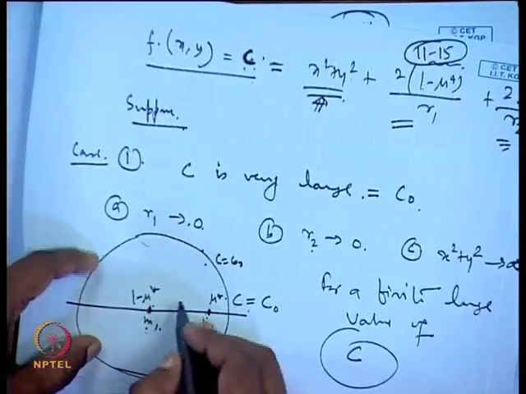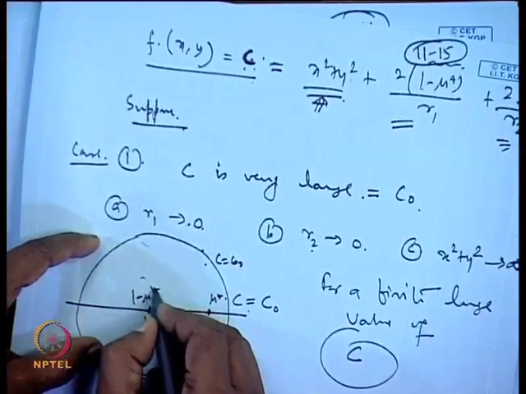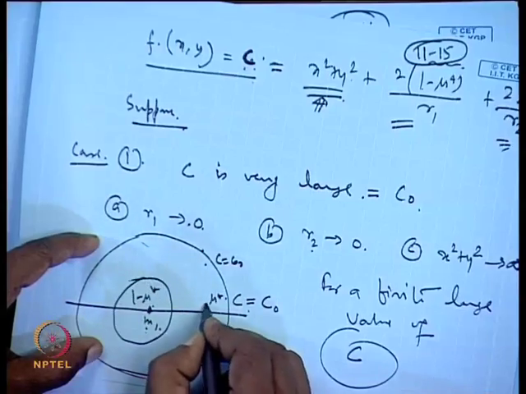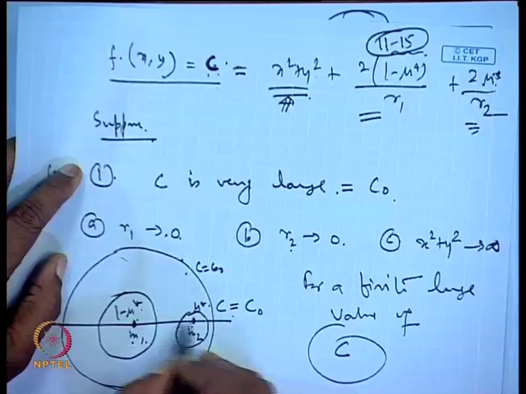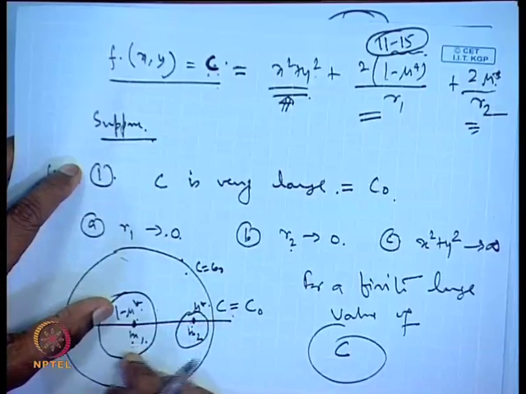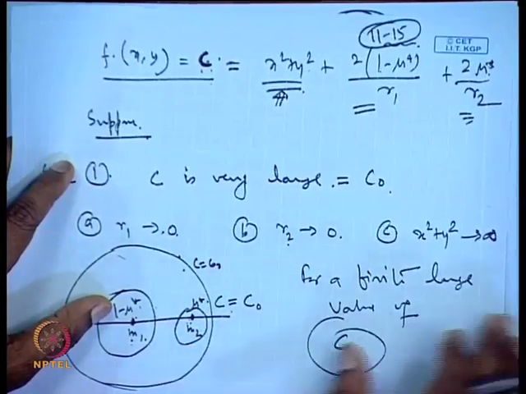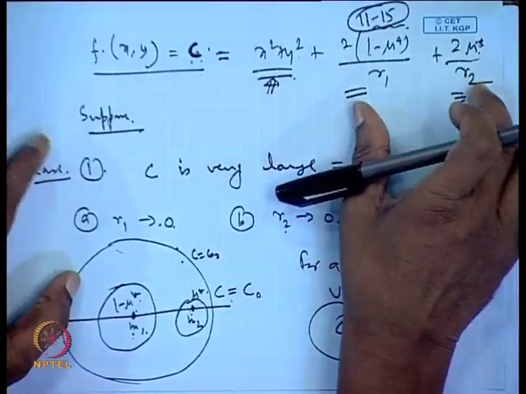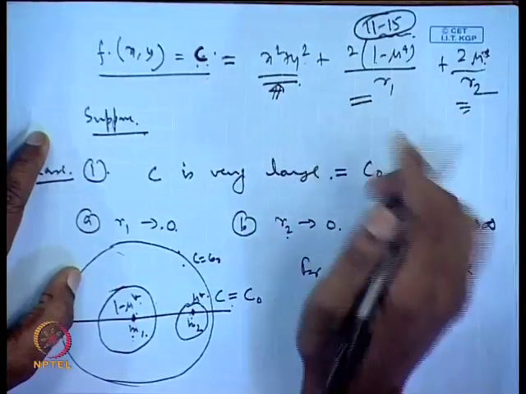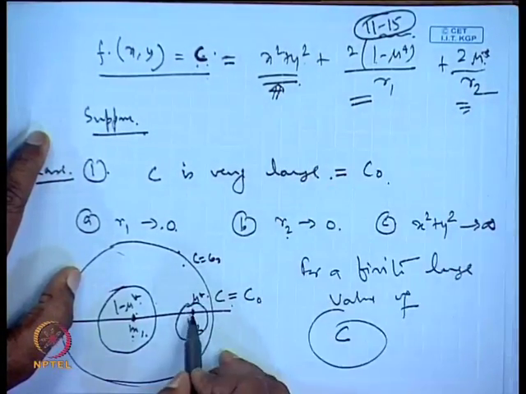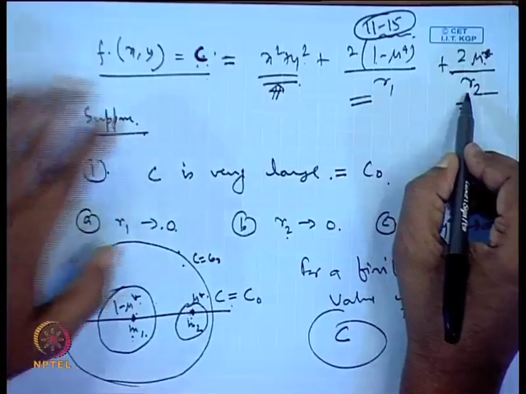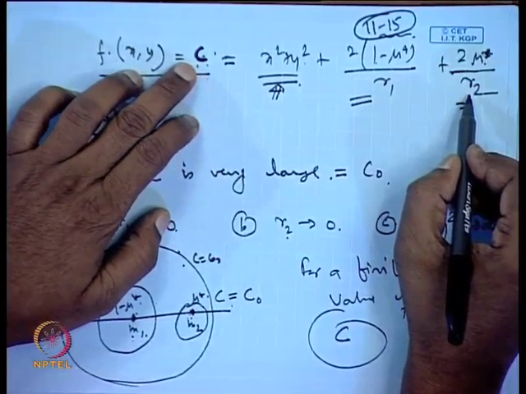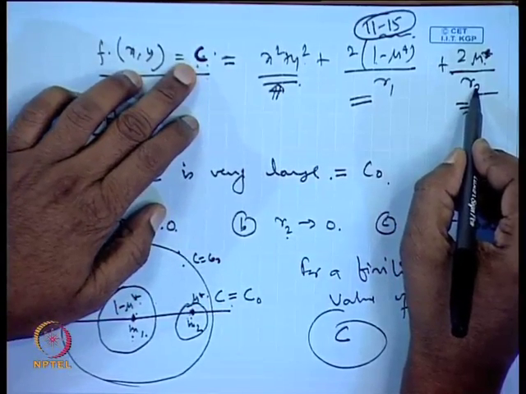From here we can draw a circle around this. Let us say this is one circle, and another circle I am drawing like this. We can see that the radius of one of these circles is larger and the other is smaller. This will be very clear from the equation we are considering here. Now, this mass is small, so this mu star is small, and therefore, to match it with C, the R 2 also must be small.